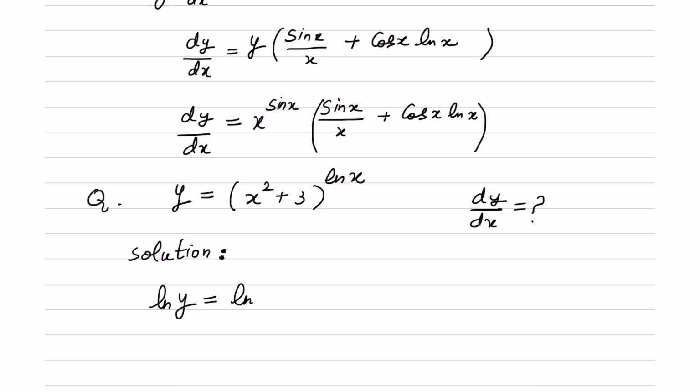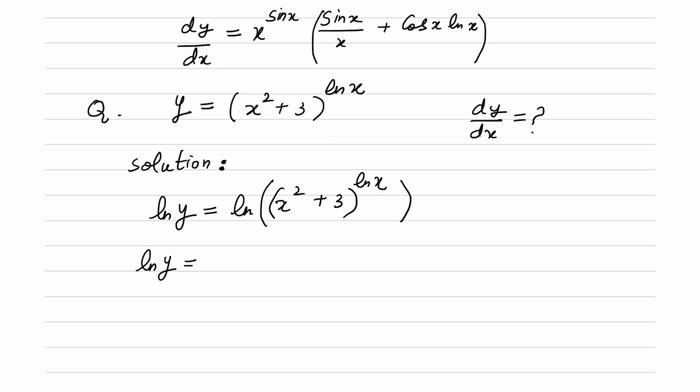Taking ln on both sides gives us ln y equal to, then the log property says that this ln x will come on the side and you have ln of x square plus 3. Now on the right hand side we have two terms, one is ln x and another is ln of x square plus 3.